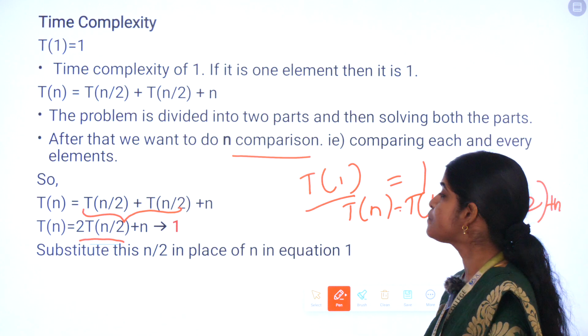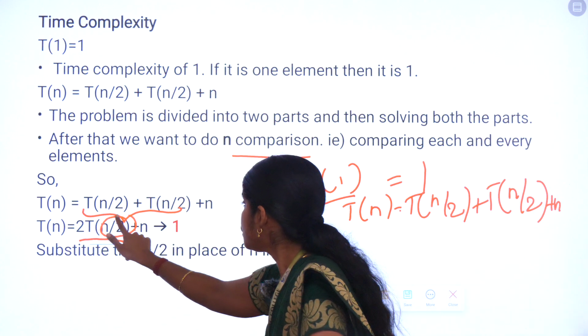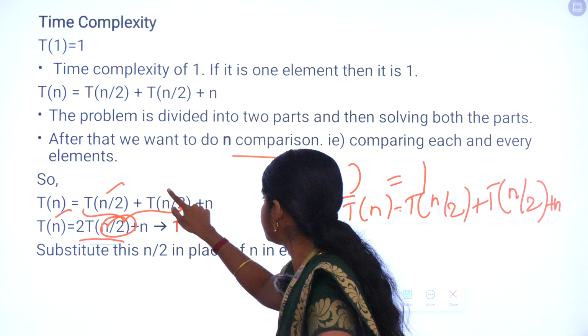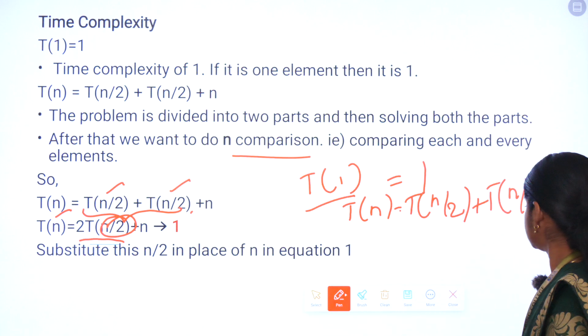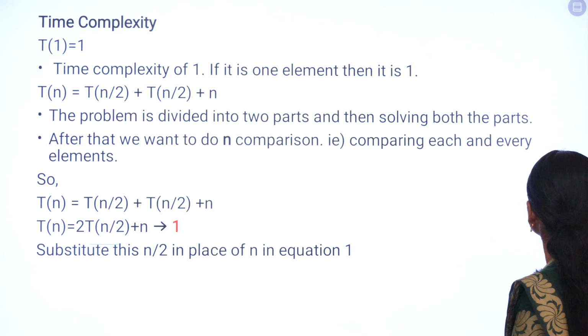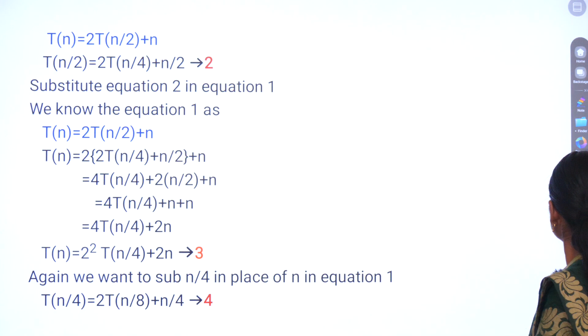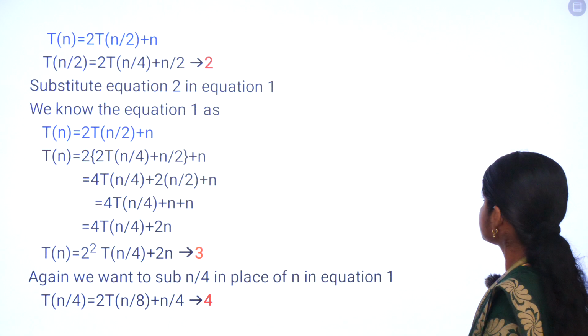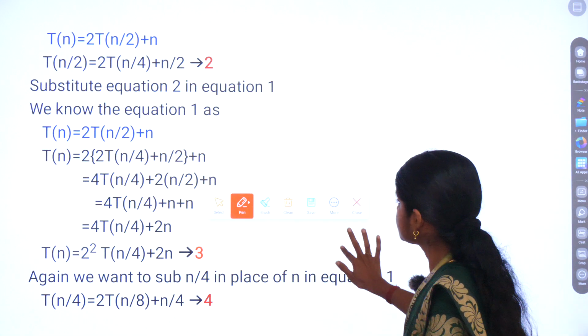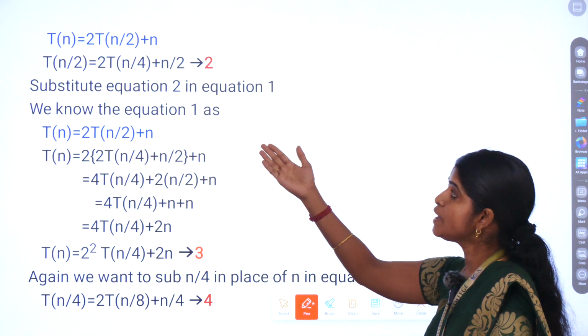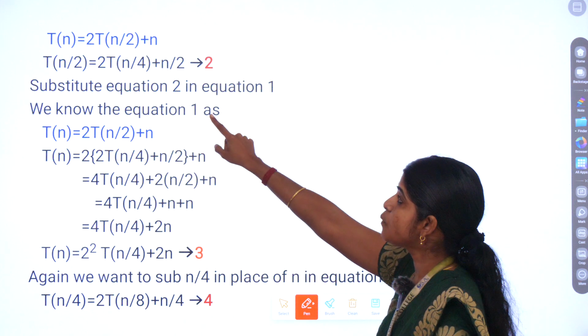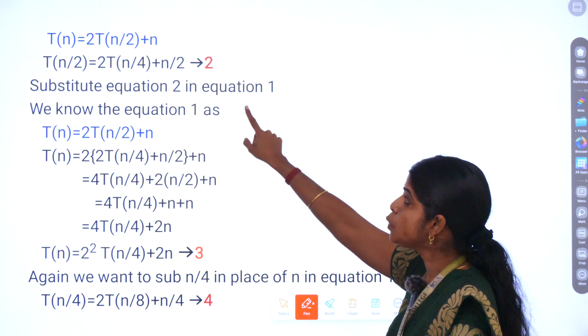Here we want to substitute n by 2 in place of n in equation 1. So we know that equation 1 is T of n is equal to 2T of n by 2 plus n.